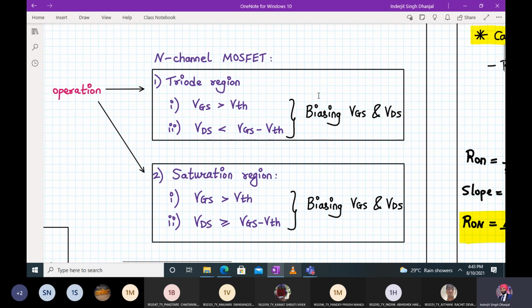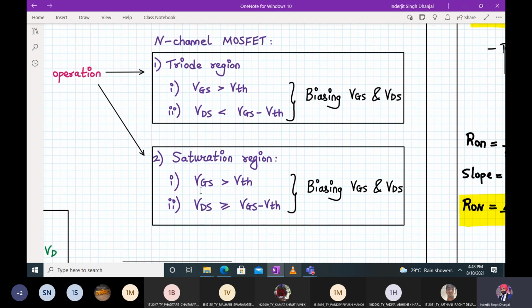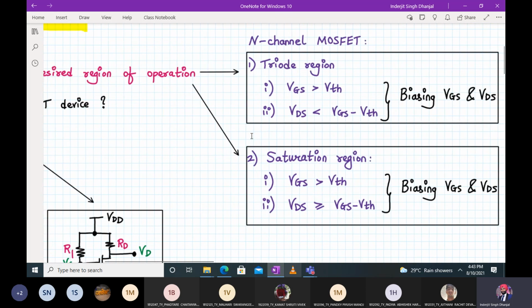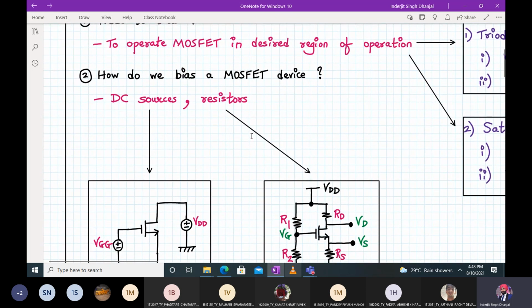Okay, so that means we have to bias VGS and VDS. Correct? Well, for it to be in the saturation, VGS should be greater than VTH, and VDS should be greater than or equal to VGS minus VTH. Actually, the equal to sign is for the edge of saturation. Okay, and here also we say that we have to bias the voltage VGS and VDS. Correct? So need of biasing is to operate the MOSFET in the desired region of operation.